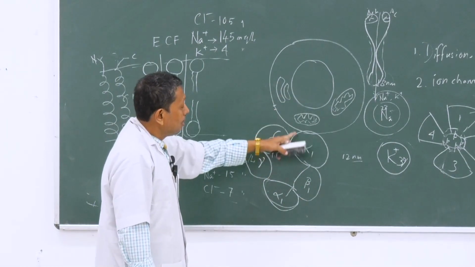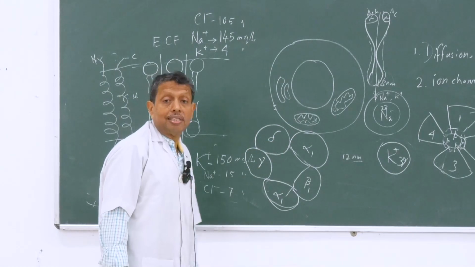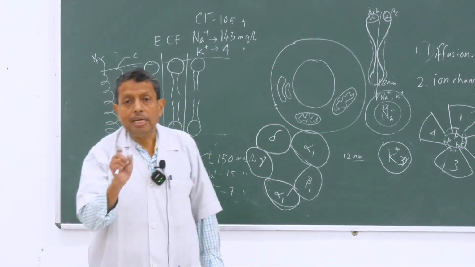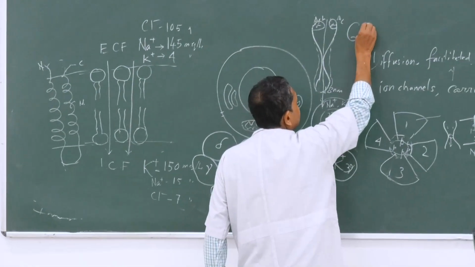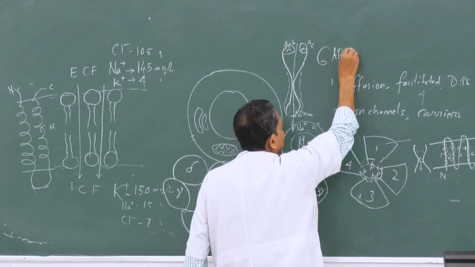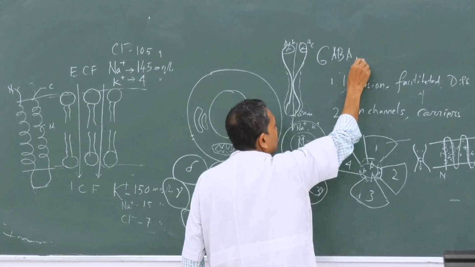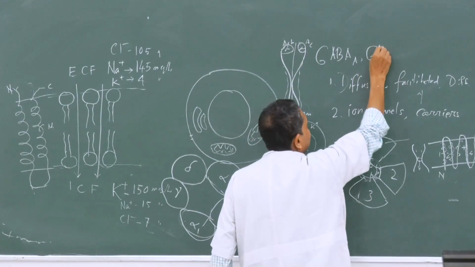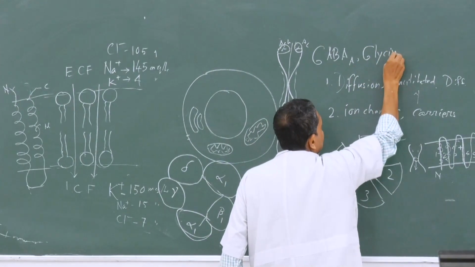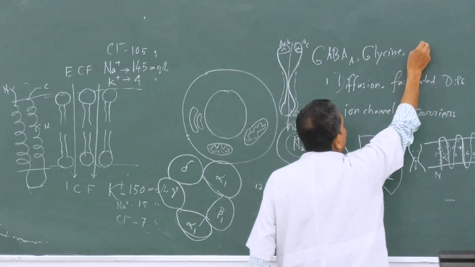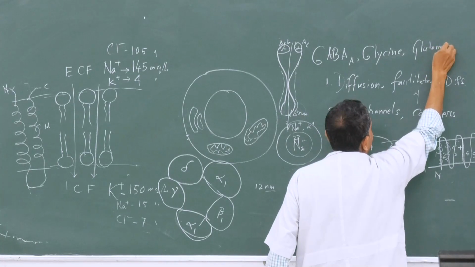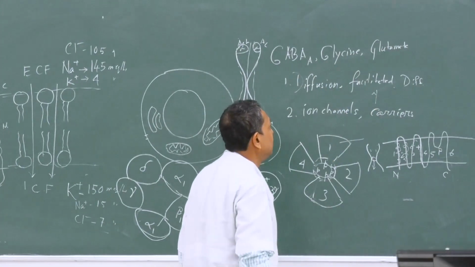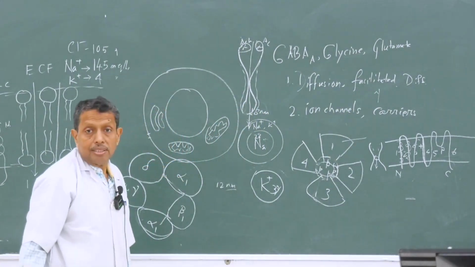Now, these are examples of ligand gated channels: GABA A, gamma amino butyric acid A receptors, glycine, some glutamate receptors, and they may be ligand gated channels.